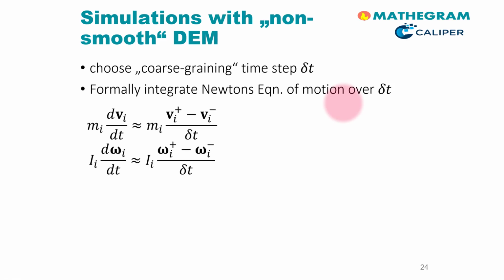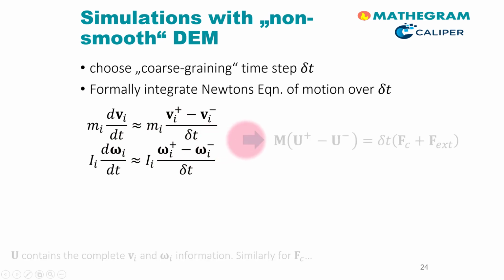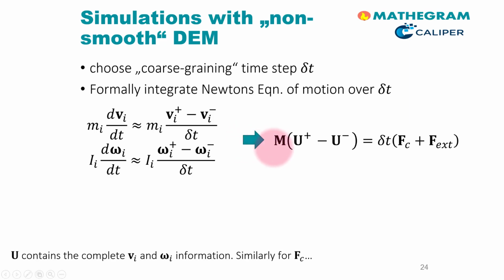Thus, when assuming a simple Euler discretization scheme, we arrive at these approximate relationships, which we then reformulate in a single vector equation, here shown on the right. As you can see, we formally considered the contact forces and external forces denoted here as Fx. The latter may include, for example, gravity.